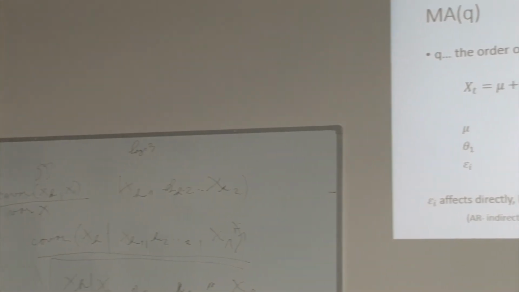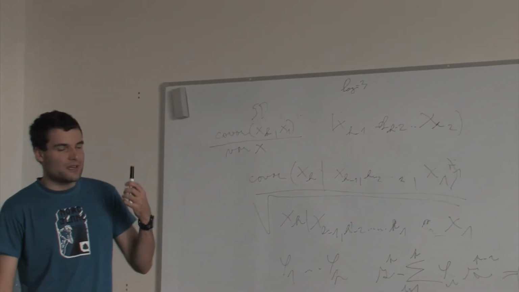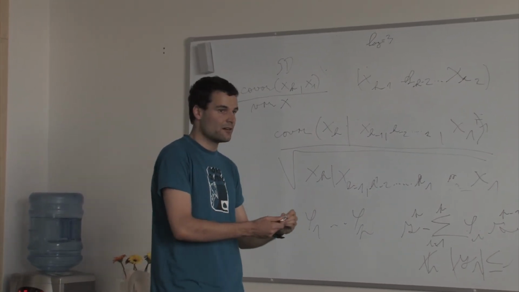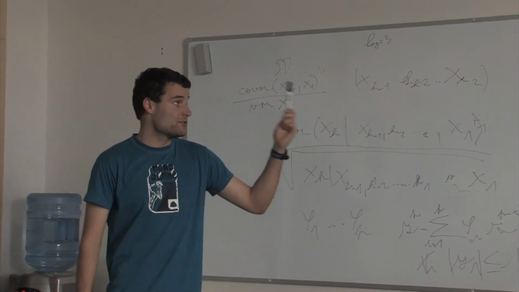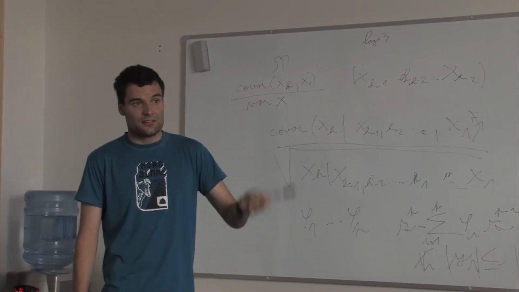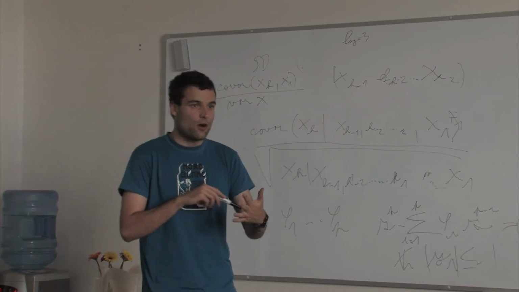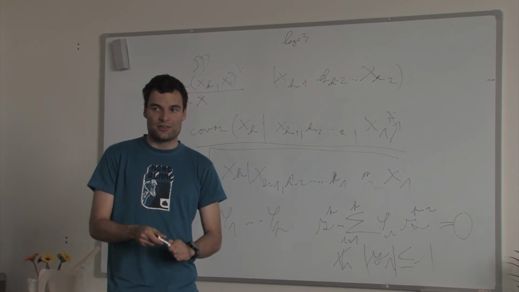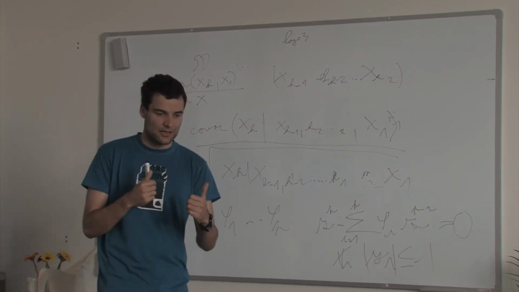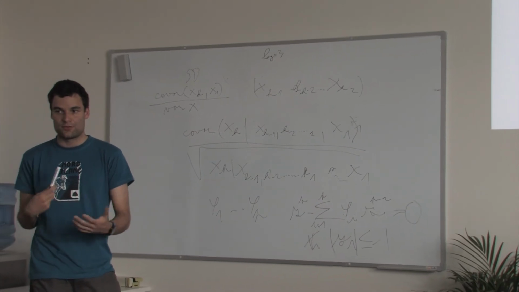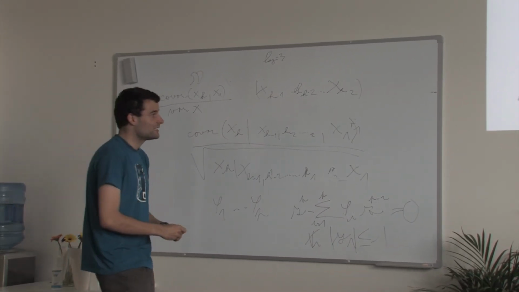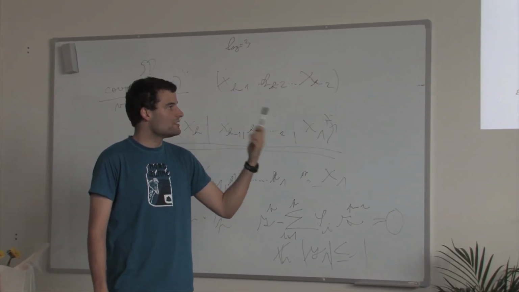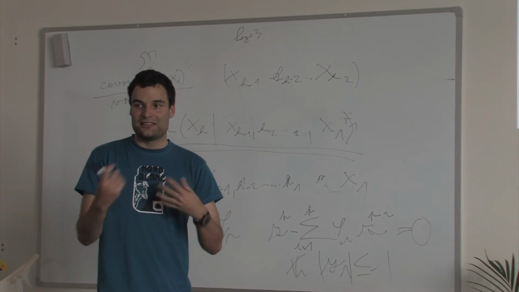But the problem here is that they are not measurable, because you have a measurement, and this is a combination of some kind of systematic part which you are trying to model, and the error. But you have only the addition of these two. You have no idea how they are divided, which part is the error and which part is systematic. So it's much harder to use, while autoregression makes it easy to calculate the next value.